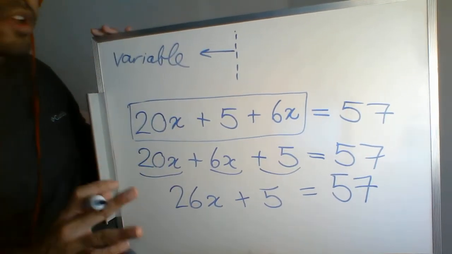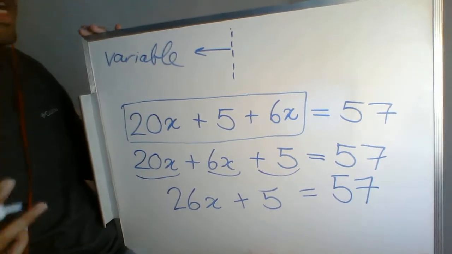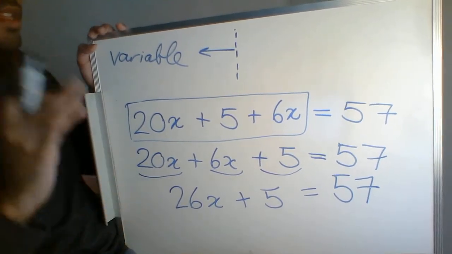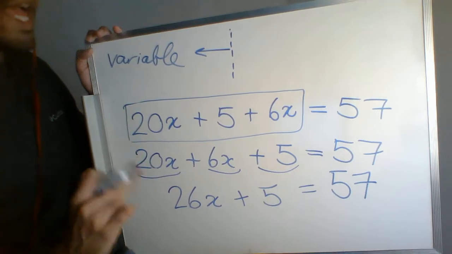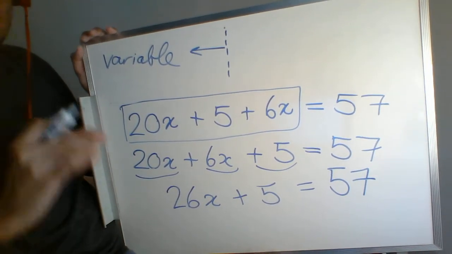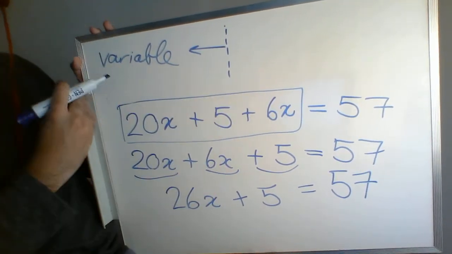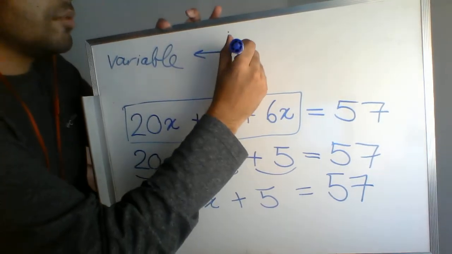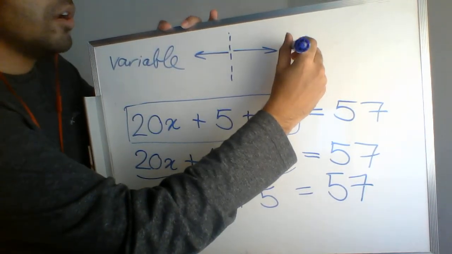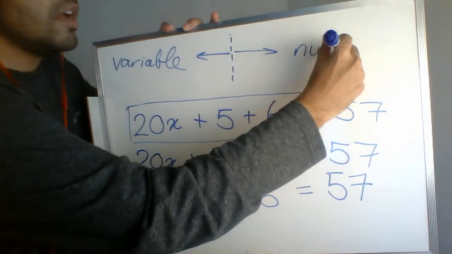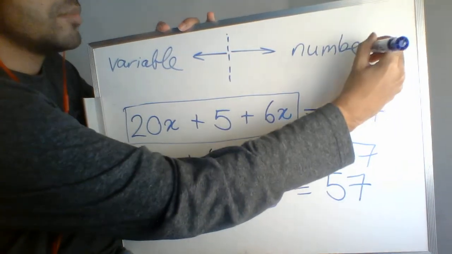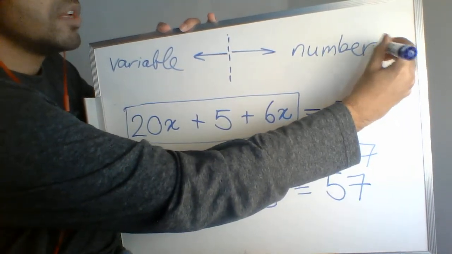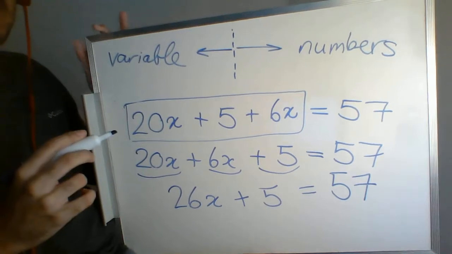In this case we're only working with a single variable. It's not like x squared or x cubed or anything like that. So we've just got a couple terms with x and a couple terms with no variable whatsoever. So we want all the terms with a variable to be on one side of the equal sign, and we want all the terms that have no variables to be on the other side.